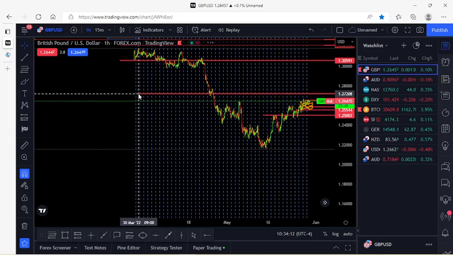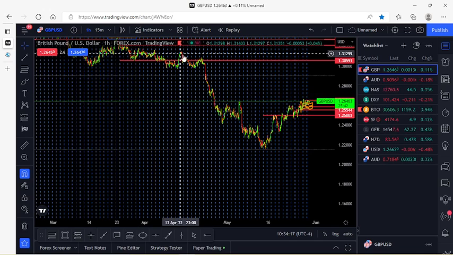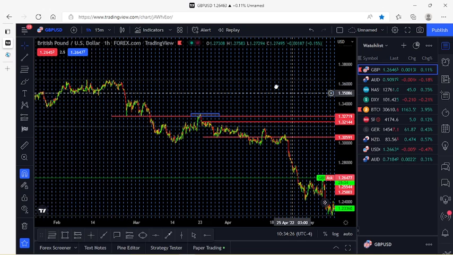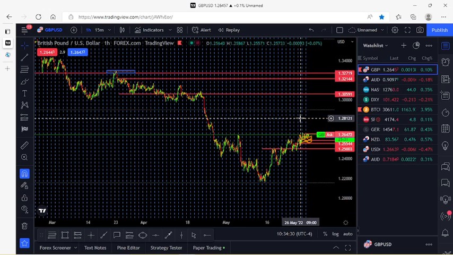From April to May, and even way before that, can you see that we've been on a downtrend because of what? There's a difference in interest rate.